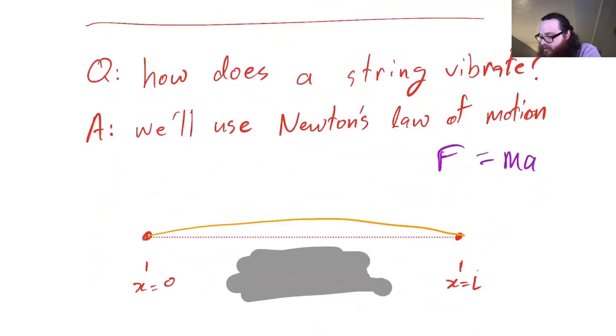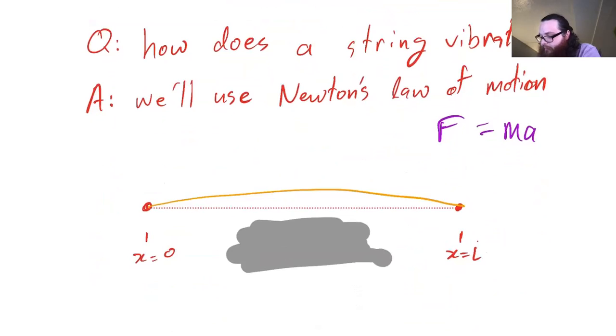Let's see why that is. Here's a picture of a string, tied at two ends. Our coordinate system will be: x equals 0 is the left end, x equals L is the right end. When the string isn't perturbed or moved at all, it follows this dashed line, its equilibrium position.